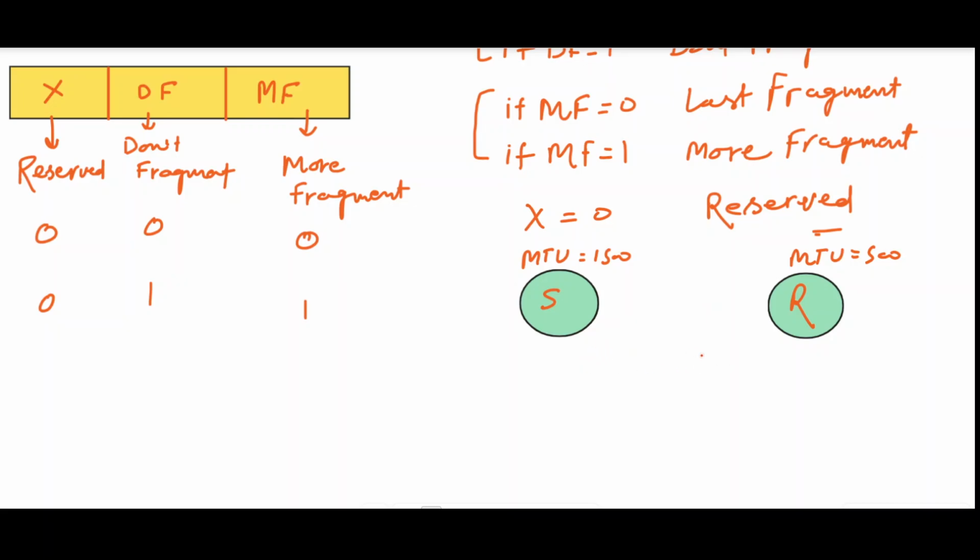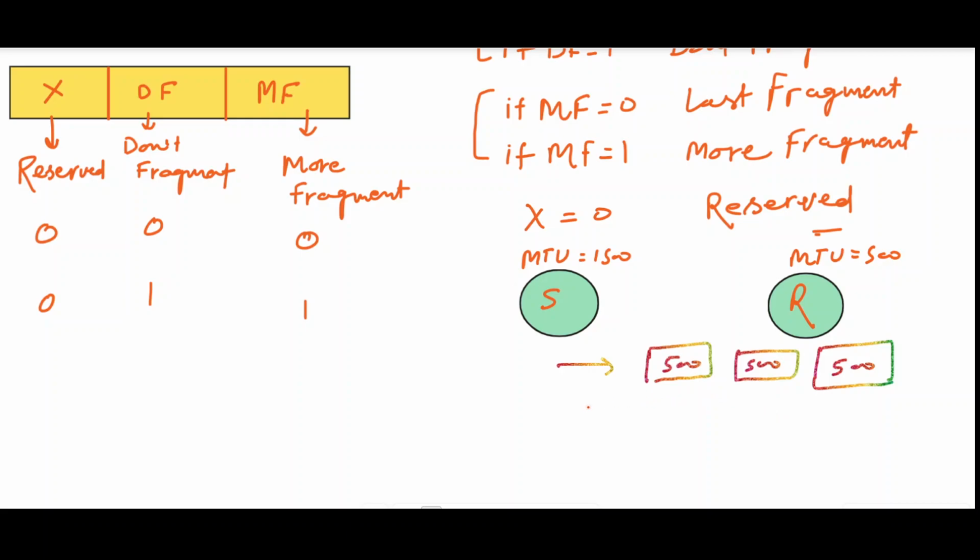It will be fragmented in 3 portions. So the first one is 500, the second one will be 500, the third one will be 500. Clear? So the sender will send the packet and it will be fragmented in 3 fragments. Clear?